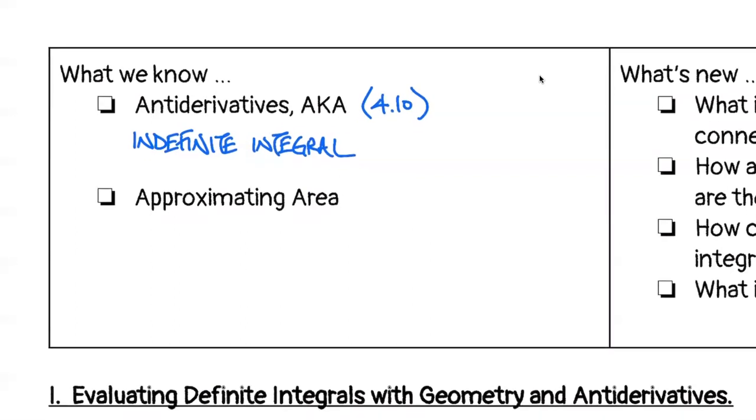And we just talked about approximating area. In particular, we looked at 3 types of approximations.